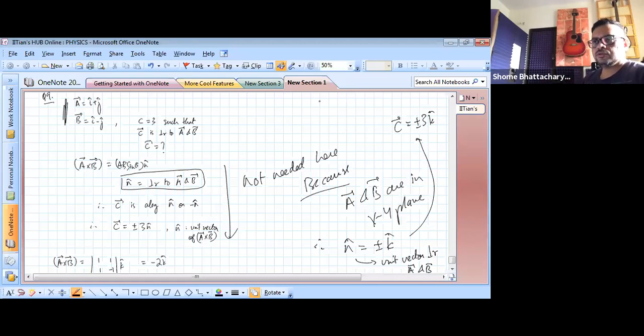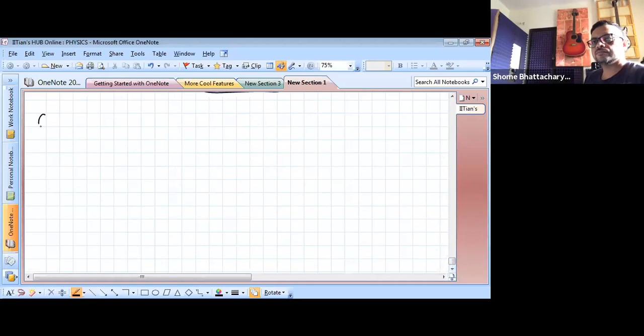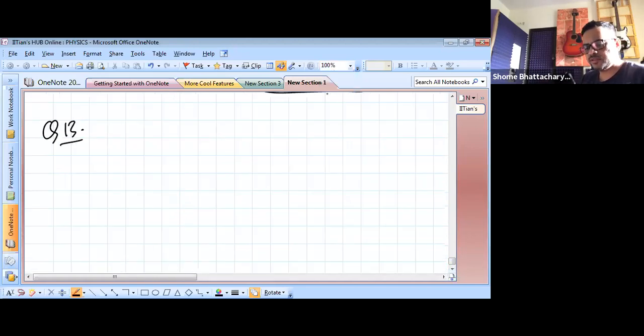Okay, good. So now let's come to 13th question. So 13th question is similar to one of the questions we've done in worksheet.